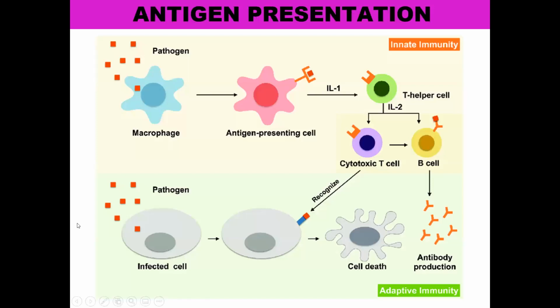This is just kind of showing you what antigen presenting looks like. So here's your macrophage. It's digesting the pathogen, or these little square things. It's digesting it. And then it's going to come over here and kind of say, hey, T cells and B cells, let me show you what I found. And then the T cells and B cells will recognize it.